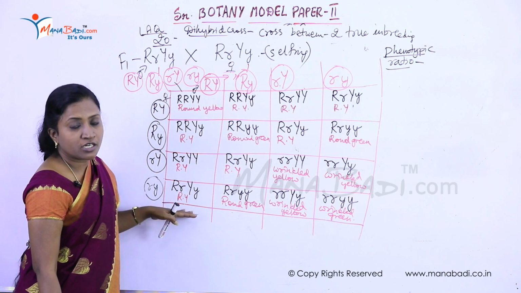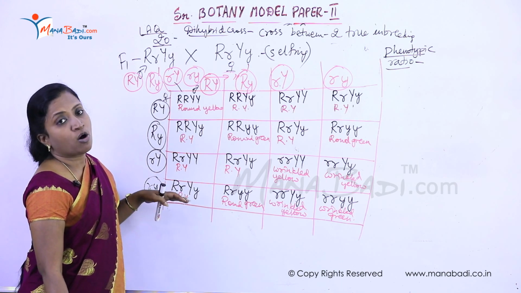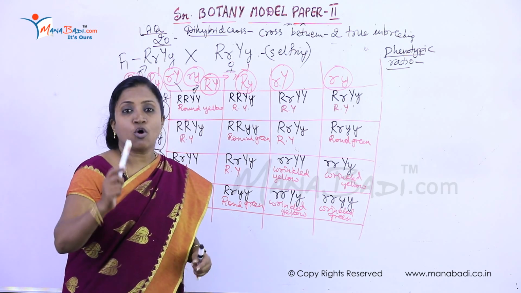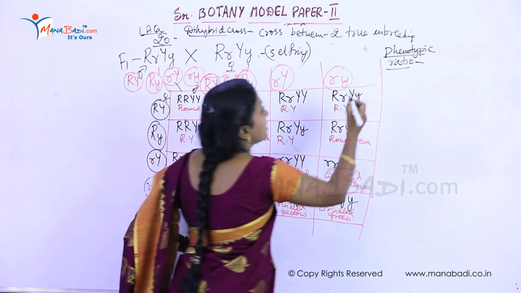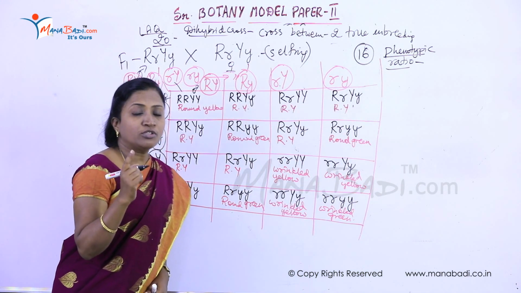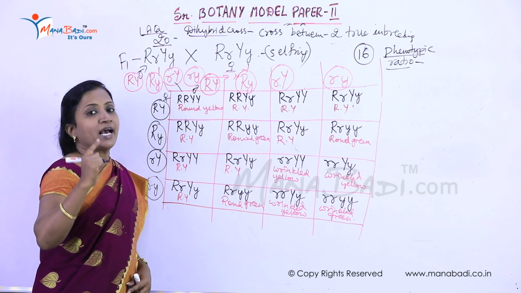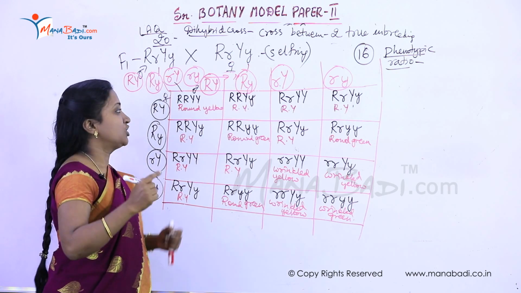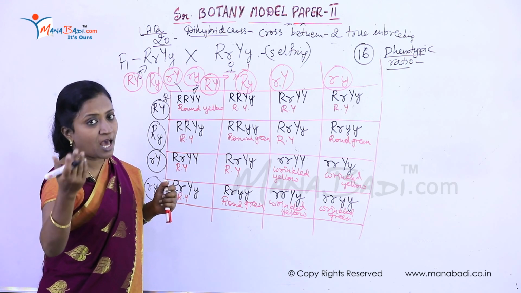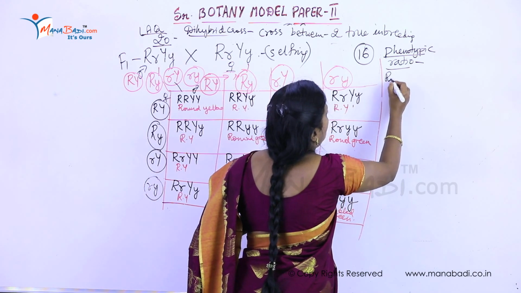So as a result of the crossing of the F1 offsprings, we are going to get F2 offsprings. The total number of F2 offsprings which we are going to get is 16. Out of that, we are going to look further at the phenotypic as well as genotypic ratio. Coming to the phenotypic ratio, that is the physical appearance, we ask how many round yellow are there.